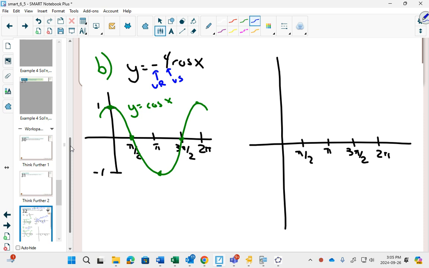And all of my x-intercepts, which are here and here, would stay the same. But my value of 1, if my y is getting multiplied by -4, can you see that it's going to be way down here at -4 now. And my value of -1, when it gets multiplied by -4, will go up to +4. So now I'll be starting down here, then up here, and back down here.